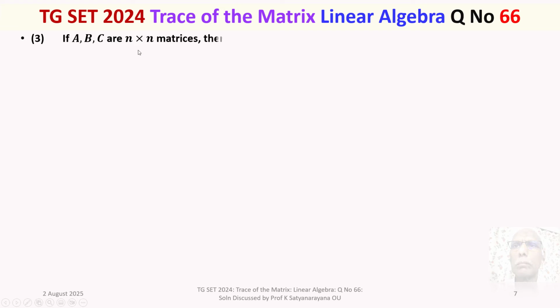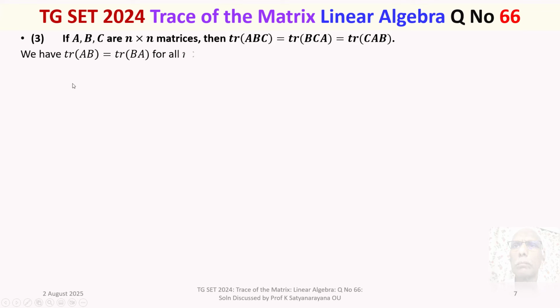If A, B, C are n by n matrices, then trace of ABC is equal to trace of BCA is equal to trace of CAB. And to prove this result, we use the first fundamental property of the trace, that is trace of AB is equal to trace of BA for all n by n matrices A and B. We apply it here.